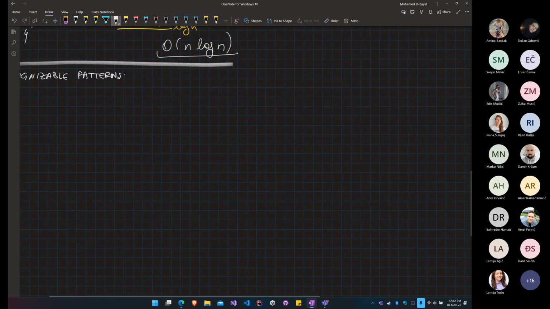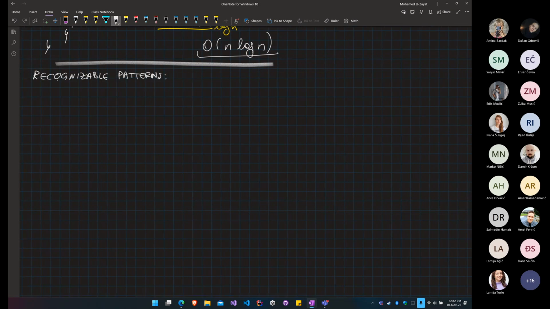I will not even write code in there, I'm just going to write headers. So for i equals 0, i less than n, i plus plus. This is O of n.